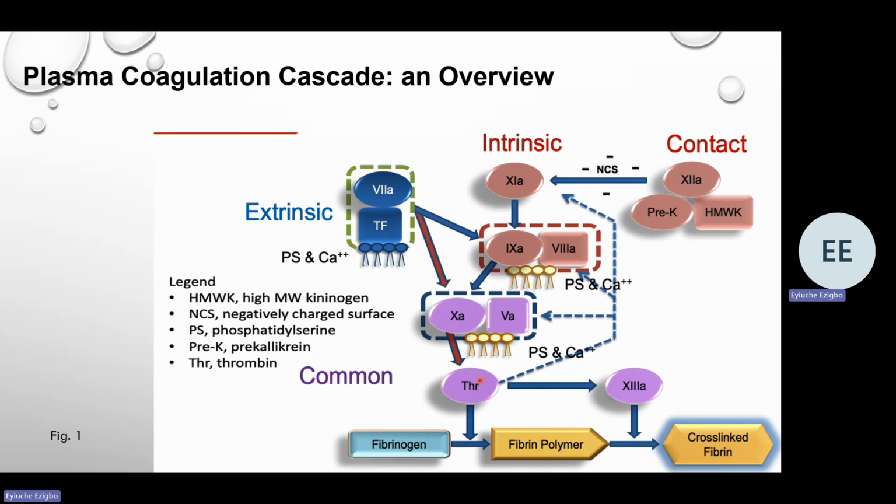This designation of intrinsic, extrinsic, and common pathway is used extensively to interpret in vitro laboratory testing and to identify factor deficiencies. However, they do not adequately describe the complex interdependent reactions that occur in vivo.